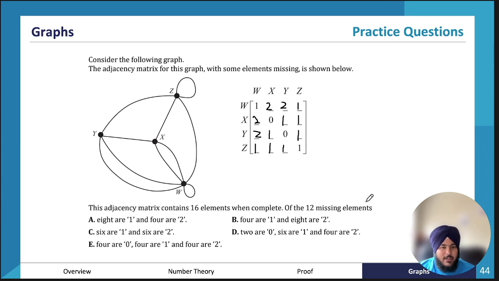So the adjacency matrix, of the 12 missing elements, 8 are 1 and 4 are 2. So we have 1, 2, 3, 4 2s and 1, 2, 3, 4, 5, 6, 7, 8, 9 1s. So it's not A. 4 are 1 and 8 are 2. 6 are 1 and 6 are 2. 4 are 0, 4 are 1 and 4 are 2.